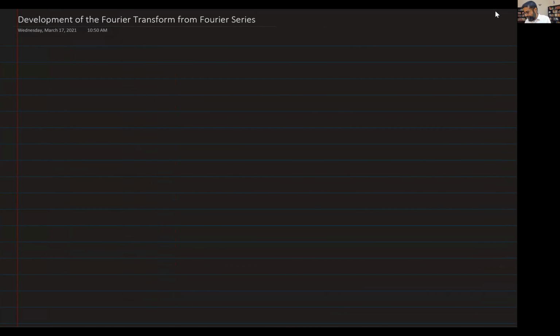All right, so this is where we start this analysis, which is the development of the Fourier transform from the Fourier series.